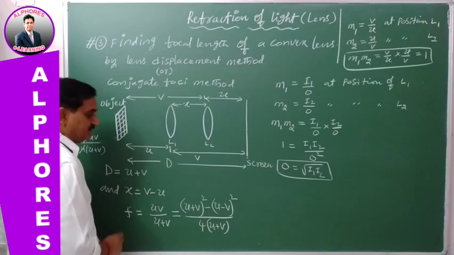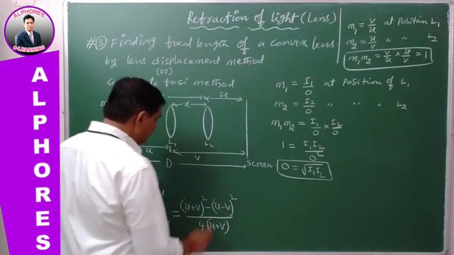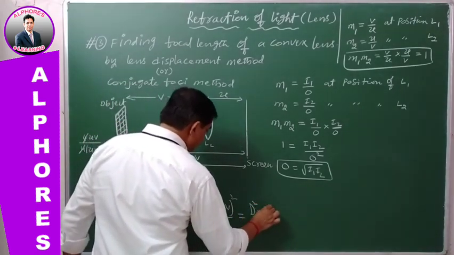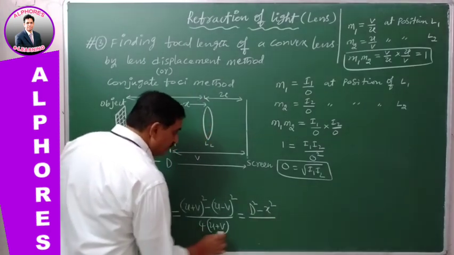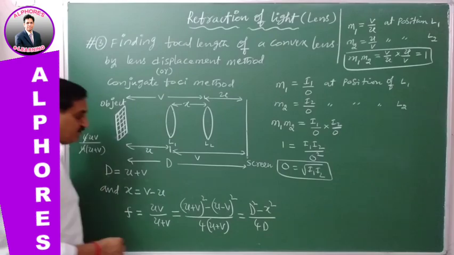Therefore that equals X. Put this instead of U plus V, capital D, and U minus V, X. Then you will get D square minus X square by 4D.